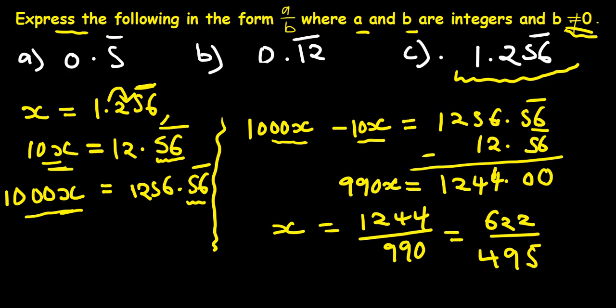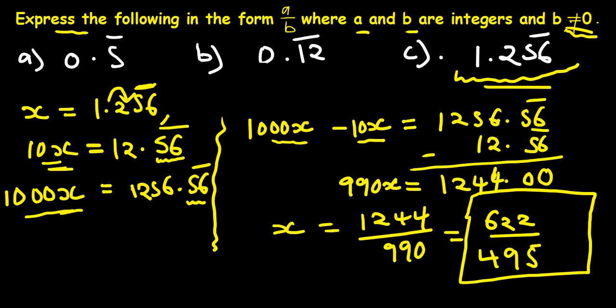No. So we don't have any numbers that can go into this, so we end here as our final answer. So it means this C here, when we express it as a fraction, is just 622 divided by 495. So that's it for this question here.